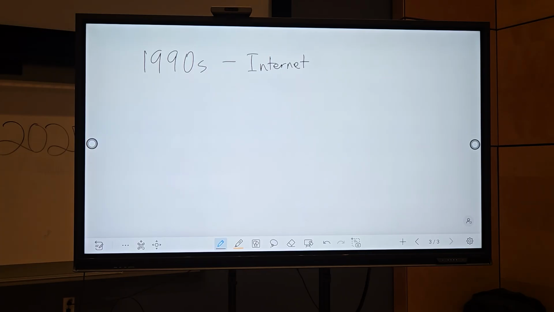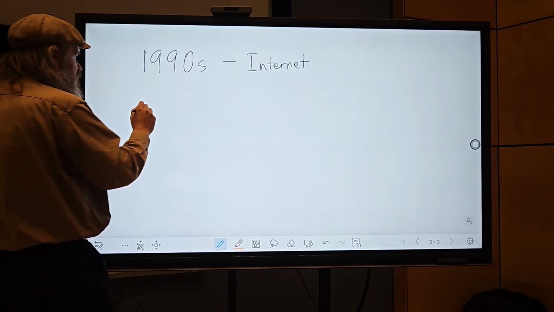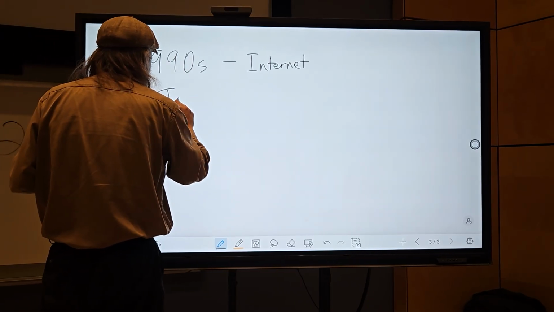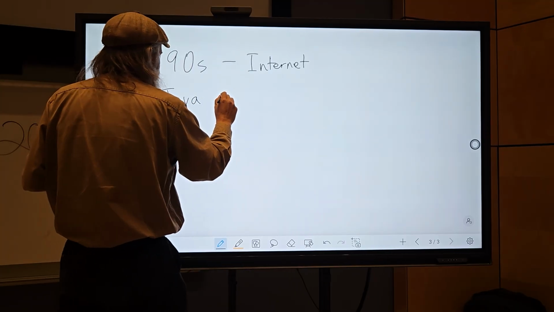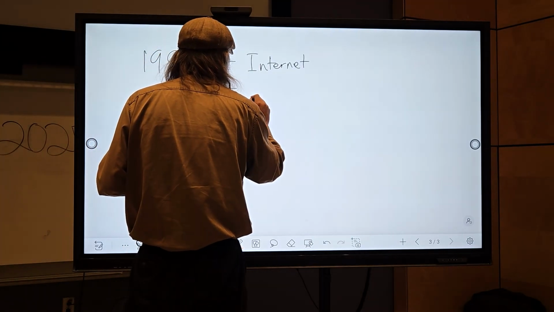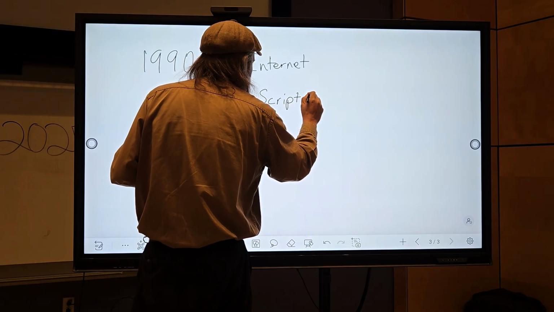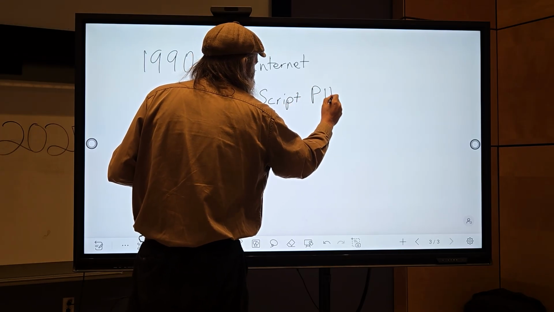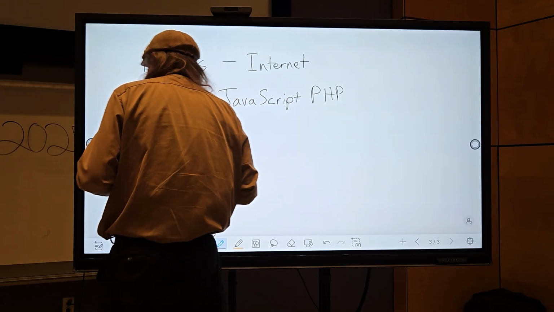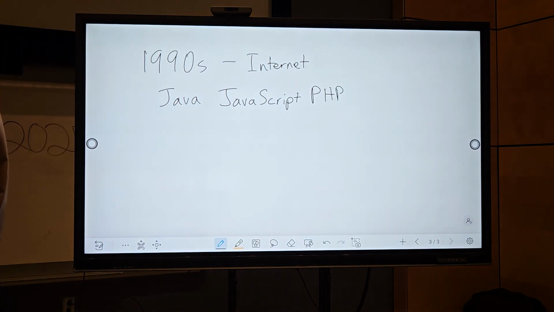That gave rise to web-oriented languages like Java, JavaScript, and PHP. But they're still third-generation languages.